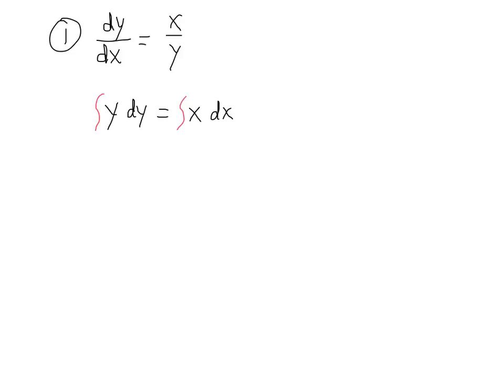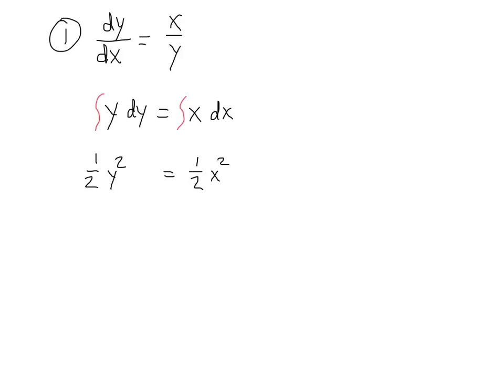So if I think of the antiderivative of y, or the antiderivative of x, if I raise the power by 1, I'm going to get a y squared or an x squared, which means I also need to put that reciprocal in front of it. So I'd end up with 1/2 y squared and 1/2 x squared.